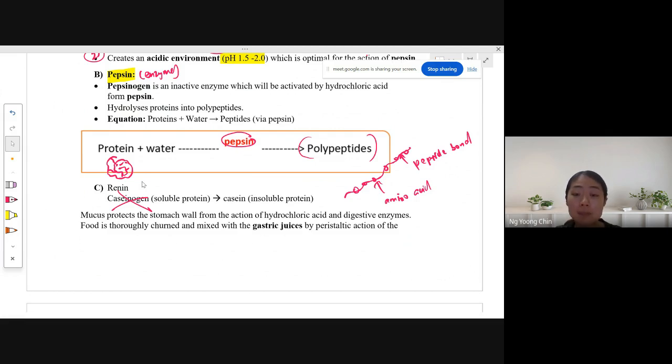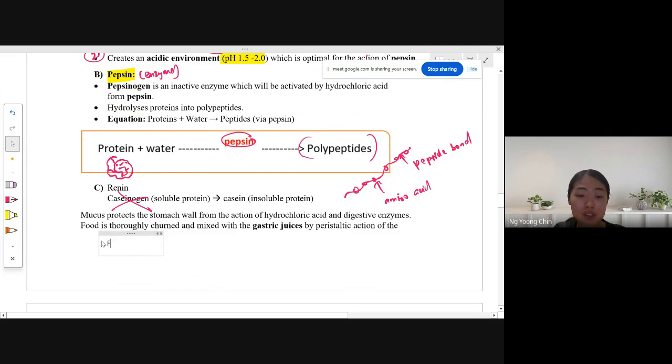So it might be able to corrode your stomach lining and cause damage to your stomach cells. So that's why you must have a thick layer of mucus, to help protect the stomach lining from being digested by the hydrochloric acid.